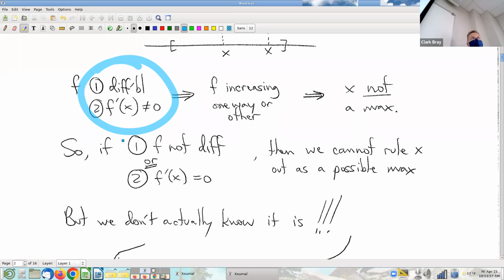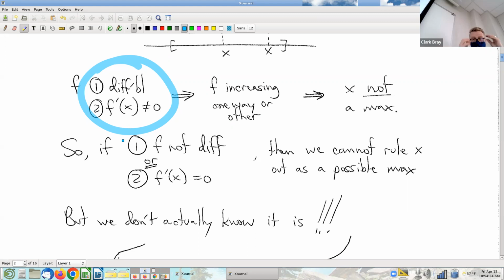Then by process of elimination, it's got to be one of these. So when you find a critical point, you don't really know anything about what's happening at that point. All you know is, I can't eliminate it. You're basically identifying our own incompetence. That's not a feature of the point. That's a feature of our method.